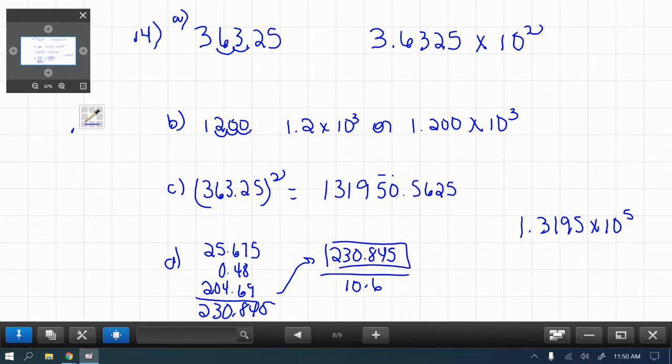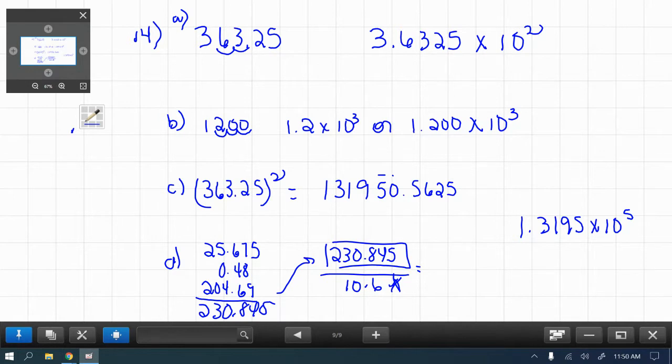So because 3 is going to be the smallest significant figure, if you say 230.845 divided by 10.6, what do you get? I did it wrong, because I didn't do 2 significant figures instead of 3.